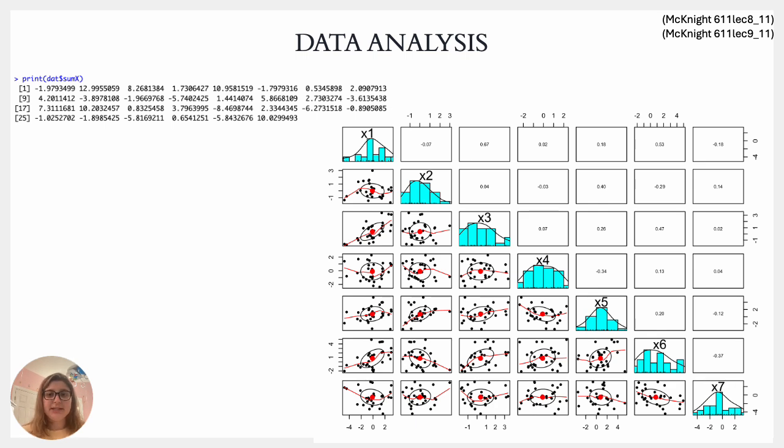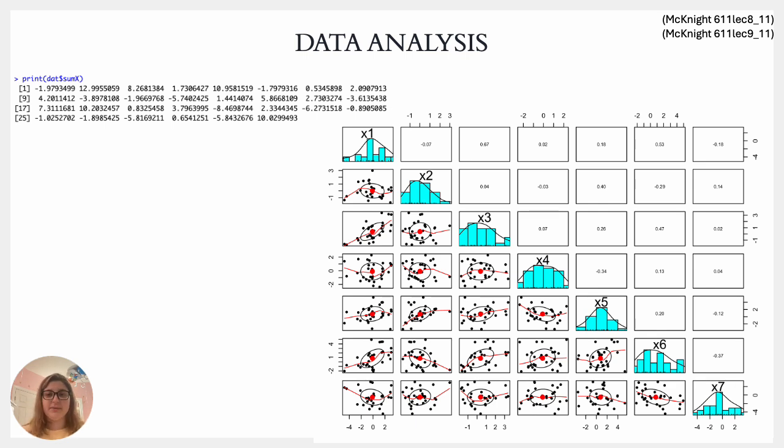So the first value we see is negative 1.979, and that's telling us the sum of the first row. Negative sum suggests that there are more negative values than positive, and then that lets us conclude that some were like reverse scores.